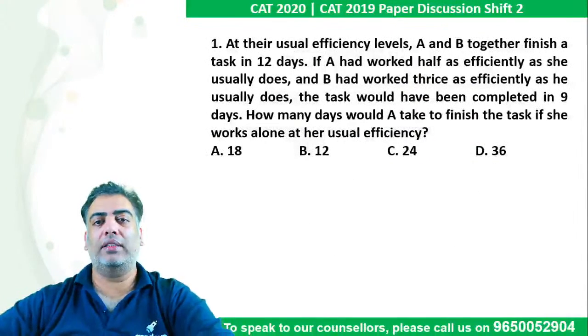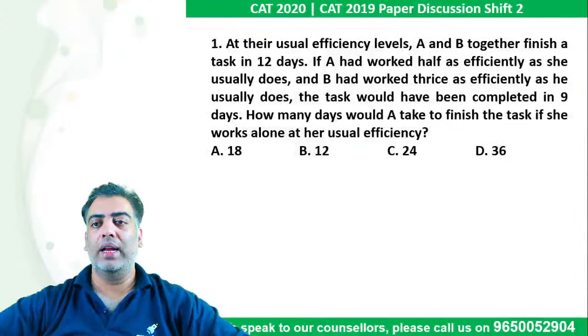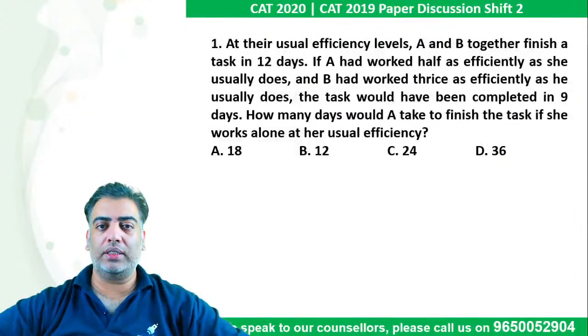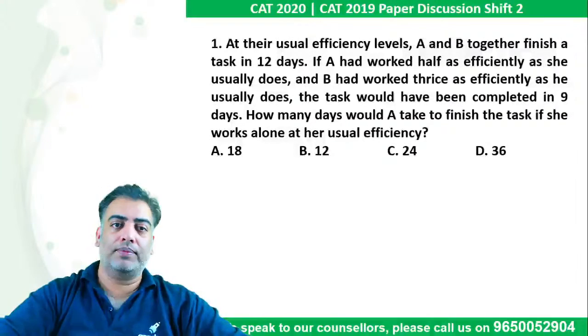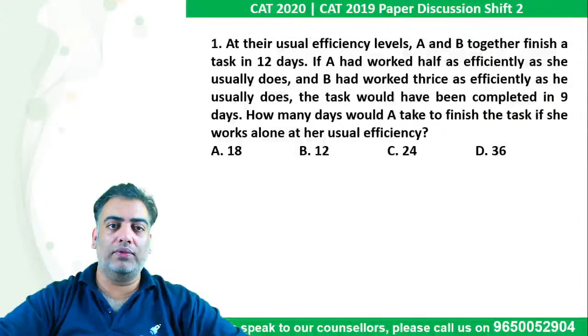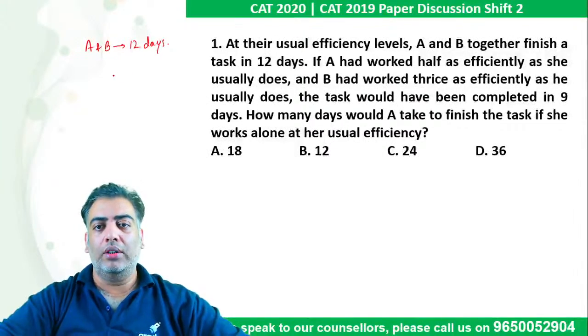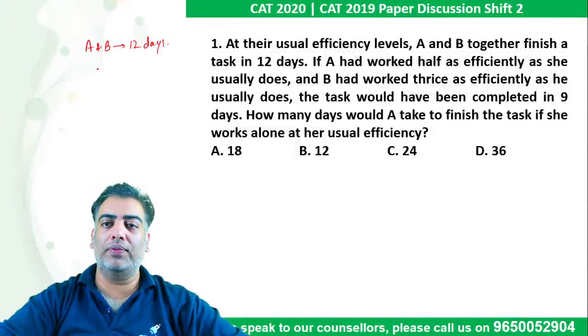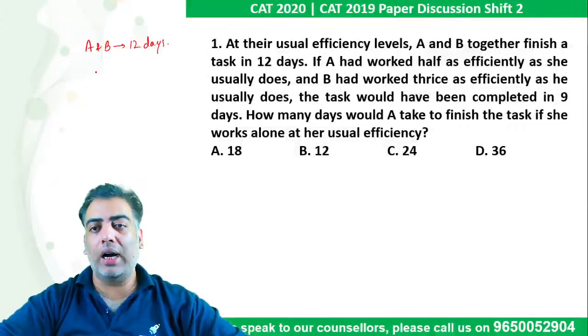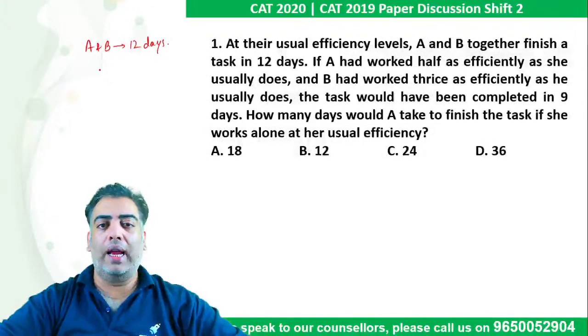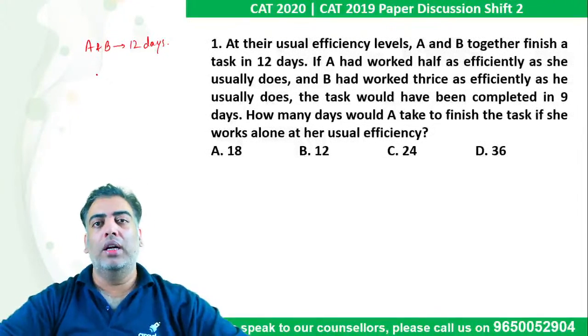Here it says, at their usual efficiency levels, A and B together finish a task in 12 days. So I'm going to write the information here that A and B can complete a task in 12 days. Now, the condition is given to me: if A had worked half as efficiently as she usually does.